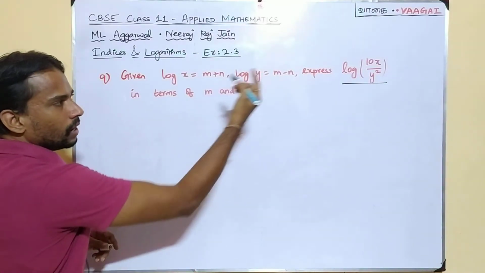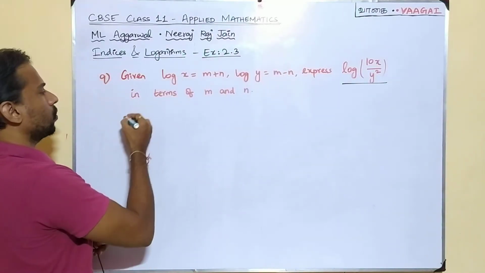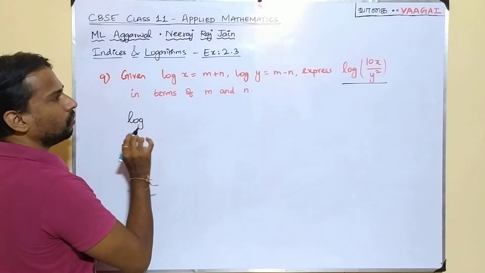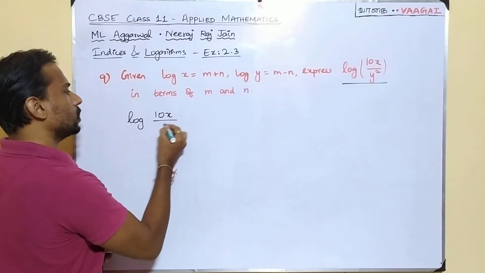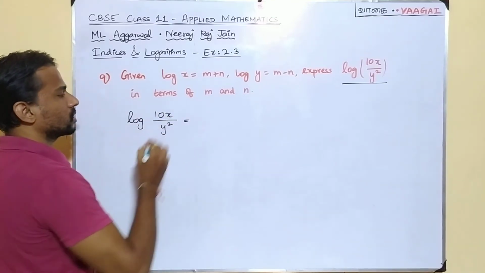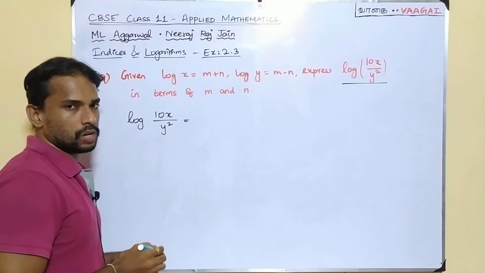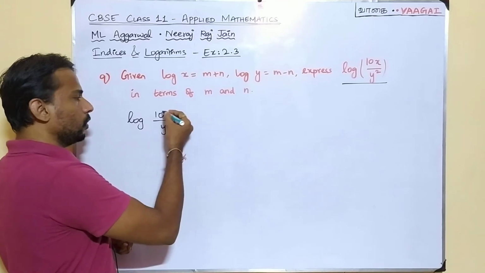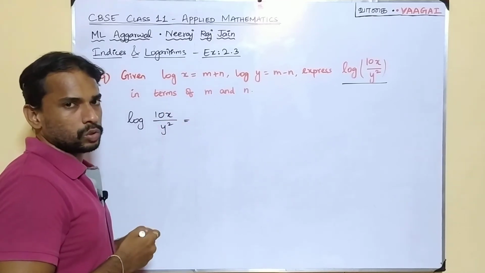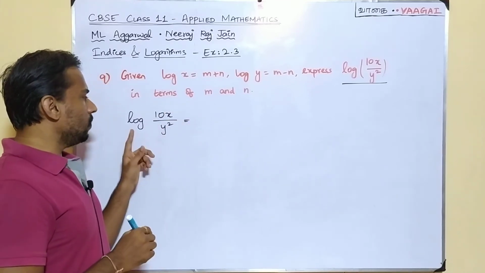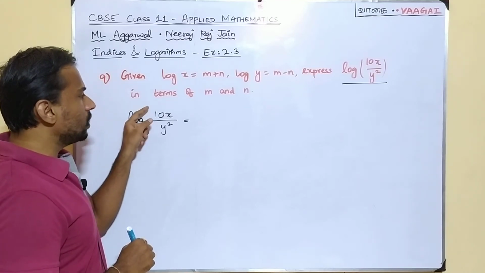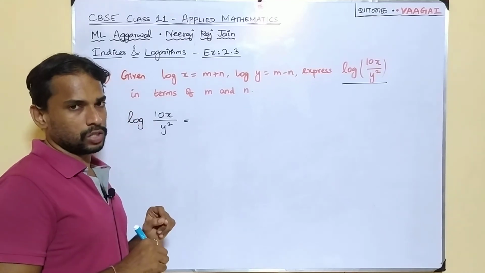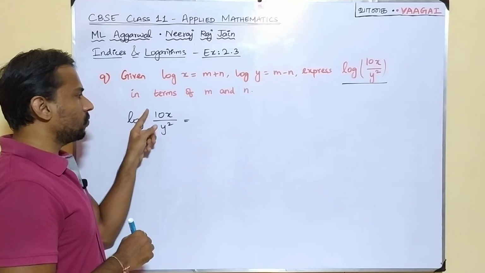Let us just rewrite it here. We have log of 10x by y square. So let us start from here. This is equal to, now I'm going to use the quotient rule. Here we have the form log of a by b.